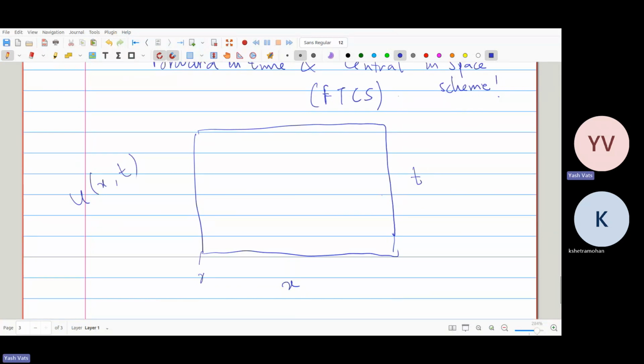How do you approximate the grid x0, x1, x2, and so on, xn? And on the other side you have t0, t1, t2, t3, and so on, right? So that is your grid. And on these points you have (x1, t1), (x2, t2), and so on.